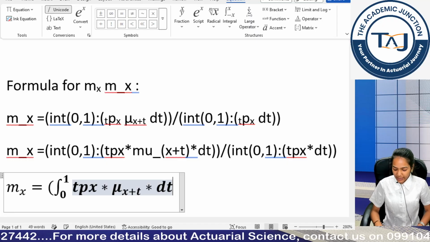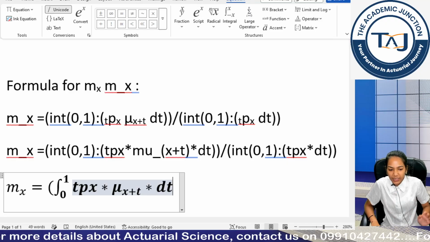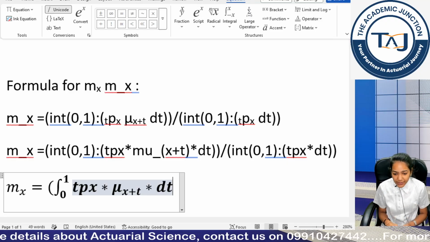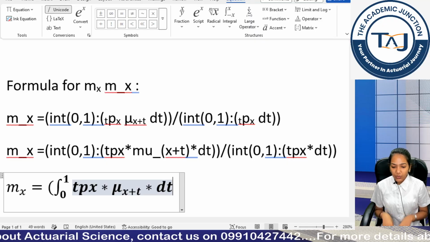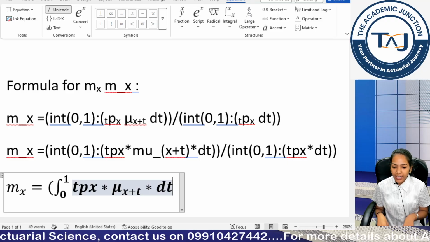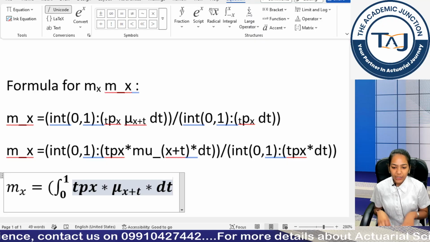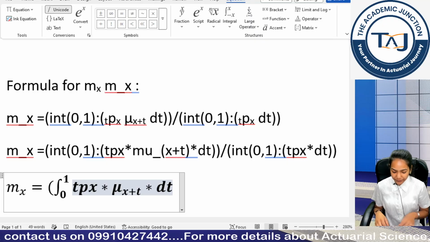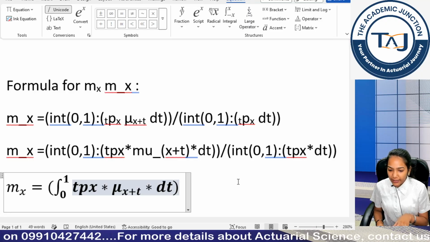Now you might say, okay, we are writing tpx in the normal approach and we are writing everything else in the equationator approach. I mentioned in my first class, the combination of both approaches is acceptable, so you don't need to worry. You just have to type whatever costs you the least time, and whatever you are comfortable with. Now if I use the bracket, that bracket is for the integral, within the integral.